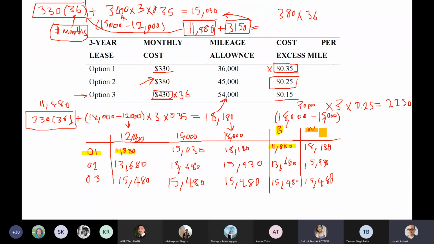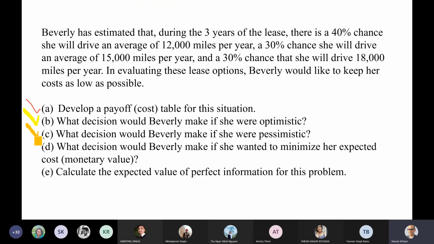This one, the third option, 15,480. 15,480 is the minimum. So if she's pessimistic, she will go with leasing option 3. She's going to try to minimize the worst case. Okay, we're done with this one as well.